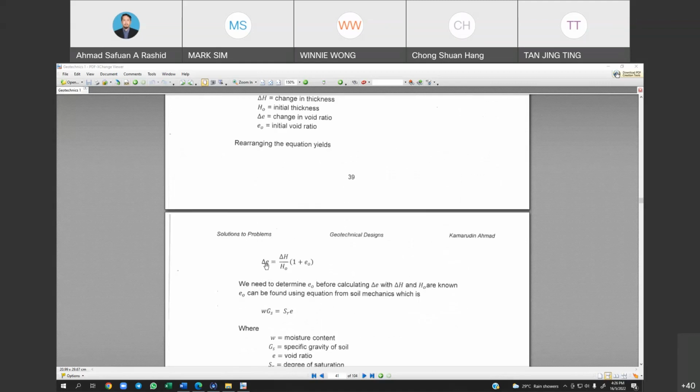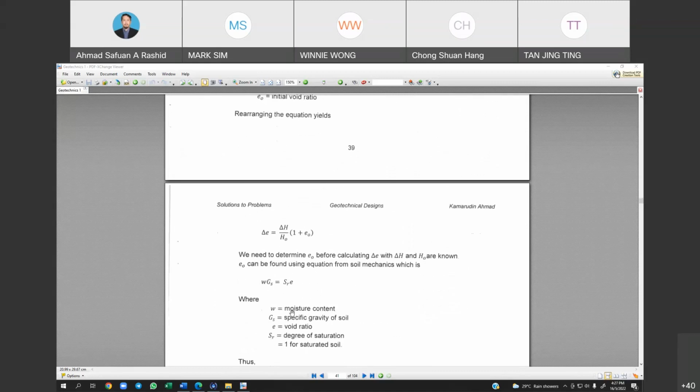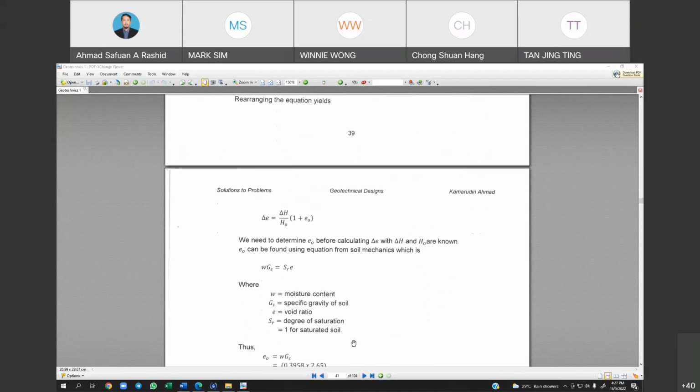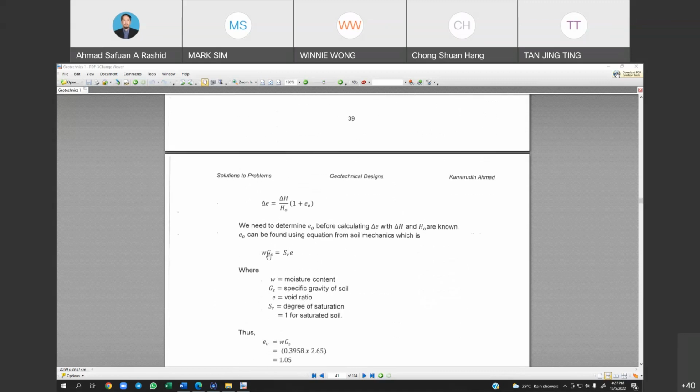For the E naught, it can be found using the equation from soil mechanics, which is W times Gs is equal to Sr times e. Since the degree of saturation is equal to 1, e is equal to W Gs.